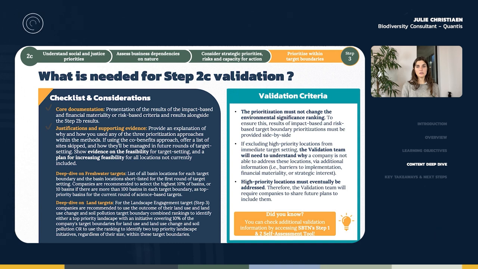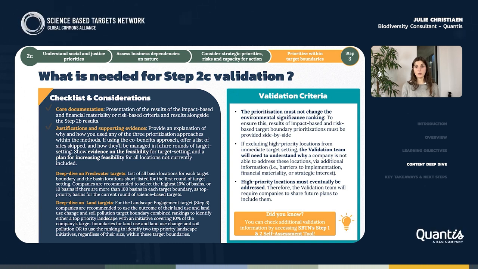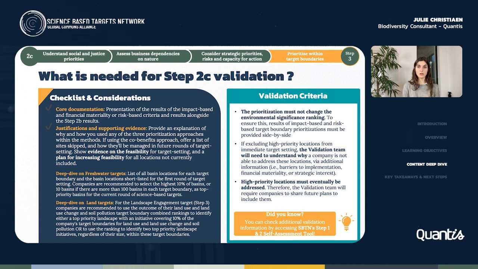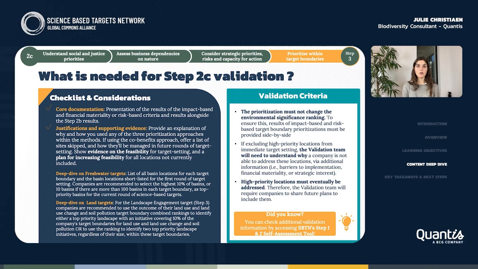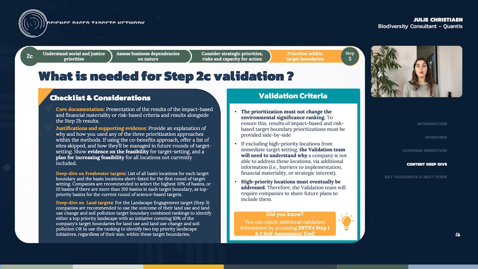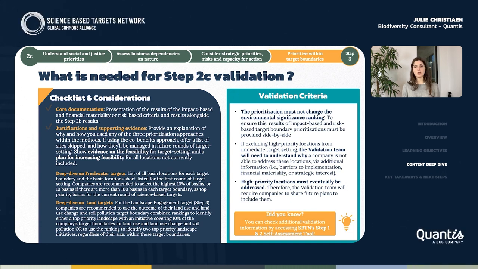For land, as noted previously, the prioritization approach is not applicable for the no conversion of natural ecosystems and the land footprint reduction targets. For the landscape engagement target, companies are recommended to use the outcome of their land use and land use change and soil pollution target boundary combined rankings to identify either a top priority landscape with an initiative that could cover 10% of the company's target boundary for land use and land use change or soil pollution, or to use the ranking to identify 2 priority landscape initiatives, regardless of their size, within these target boundaries.